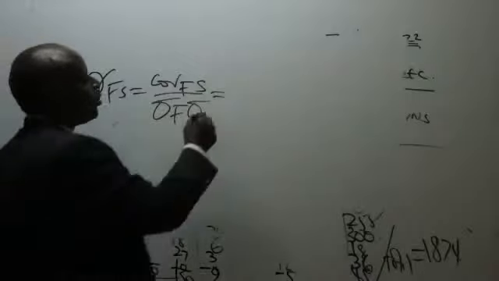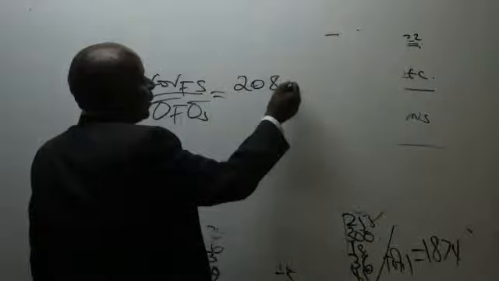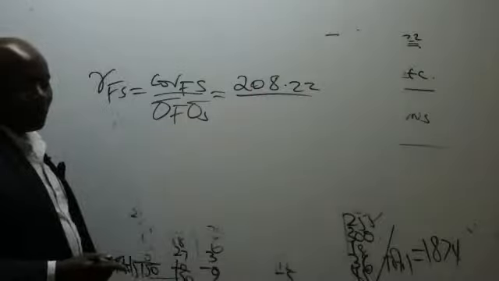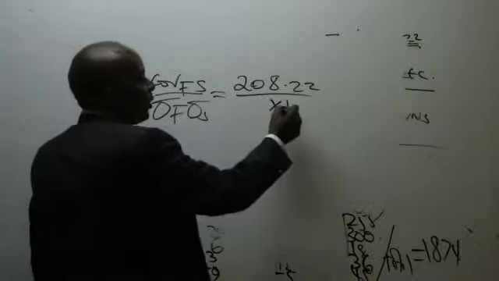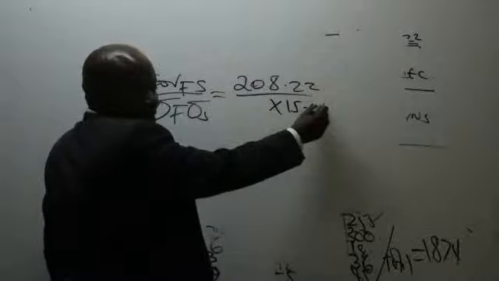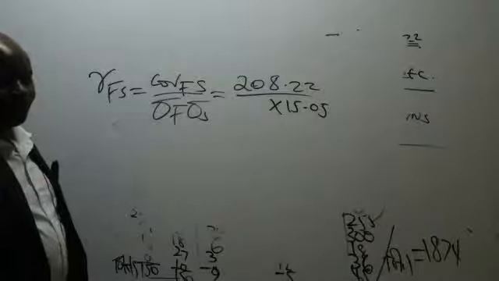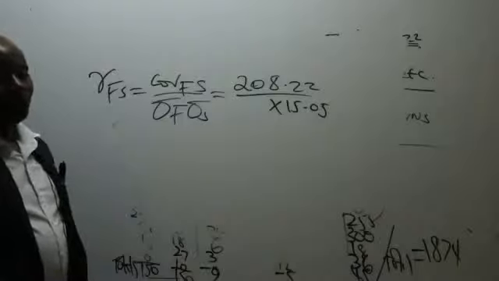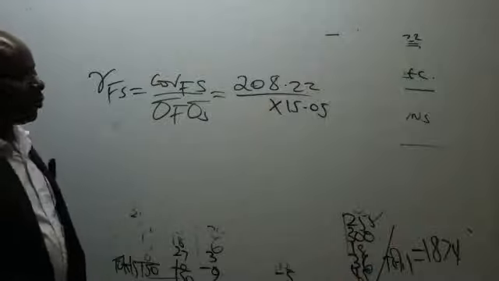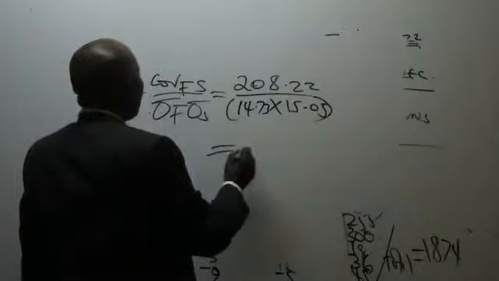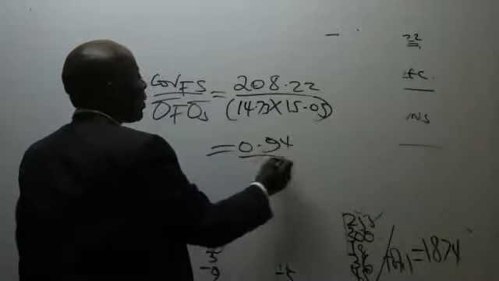The covariance, you gave me a figure of 208 point something. The second standard deviation is 15.05, and the first one was 14.73. So if you are keen, you'll end up getting a correlation of 0.94.